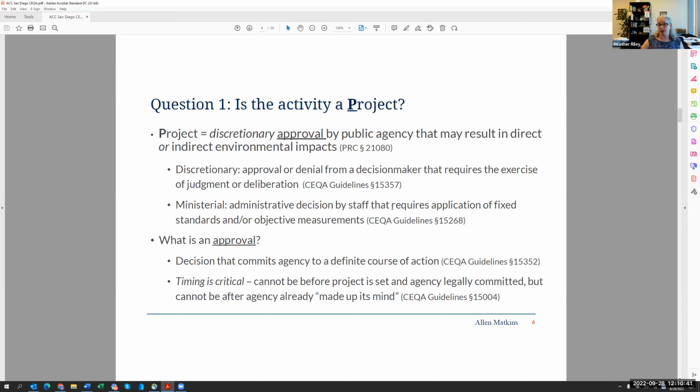You're free and clear. You don't have to worry about it. Ministerial or administrative decisions require the application of fixed standards. So building permits, right-of-way permits, parcel maps are considered ministerial in almost every jurisdiction. Final maps, ministerial. It means there are standards and you have to meet those objective standards.